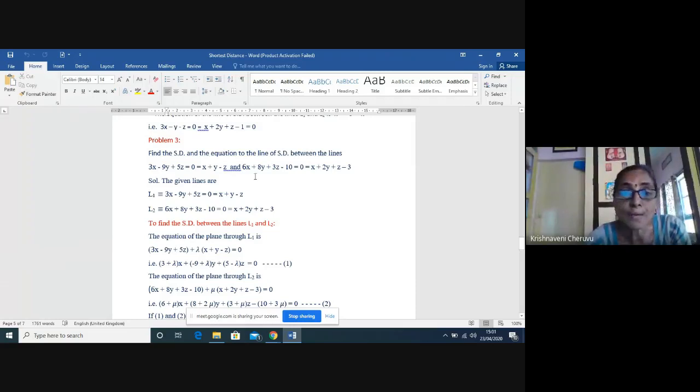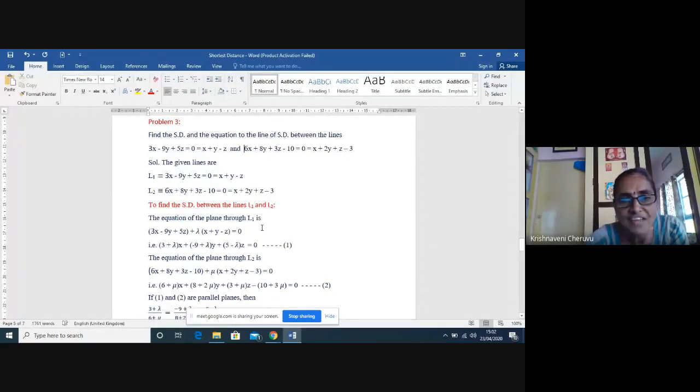Now when both the lines are in unsymmetric form, you had better follow the procedure which I'm going to explain now. Let us denote the first line by L1 and the second line by L2. The first line is the intersection of two planes, and the second line is also the intersection of two planes. We first have to find the shortest distance between them, and then we have to find the line of shortest distance between these two lines.